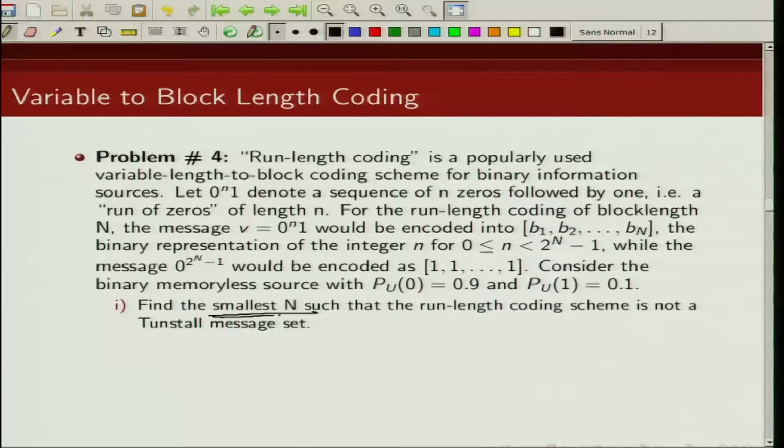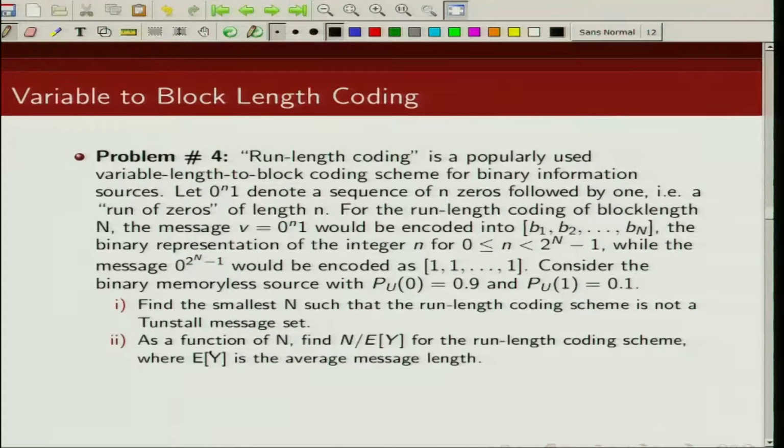Find the smallest n such that the run length coding scheme is not a Tunstall message set. We need to find the smallest n such that this run length coding which we described here is not a Tunstall message set.